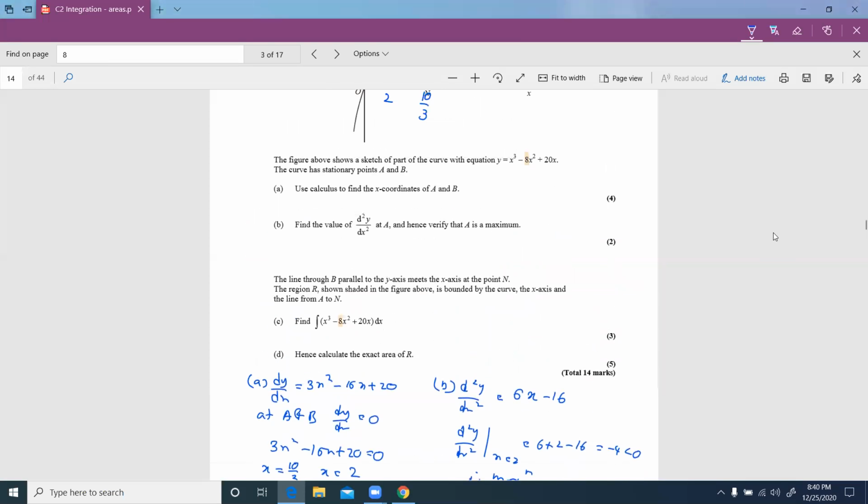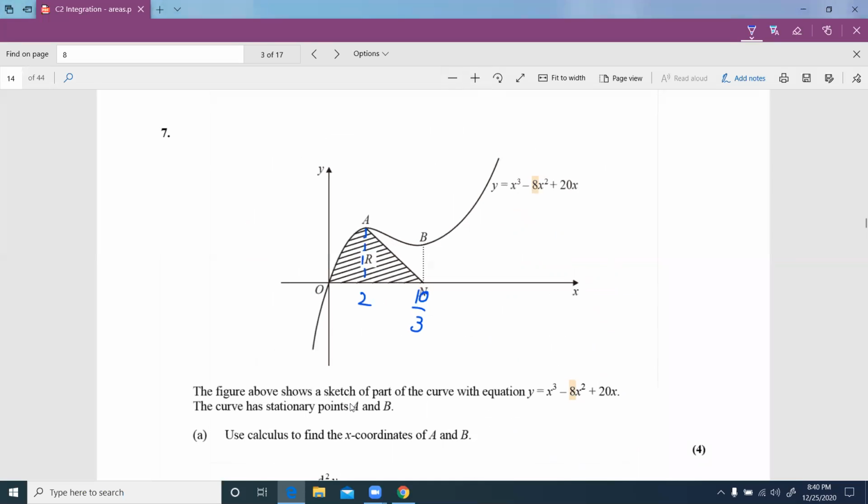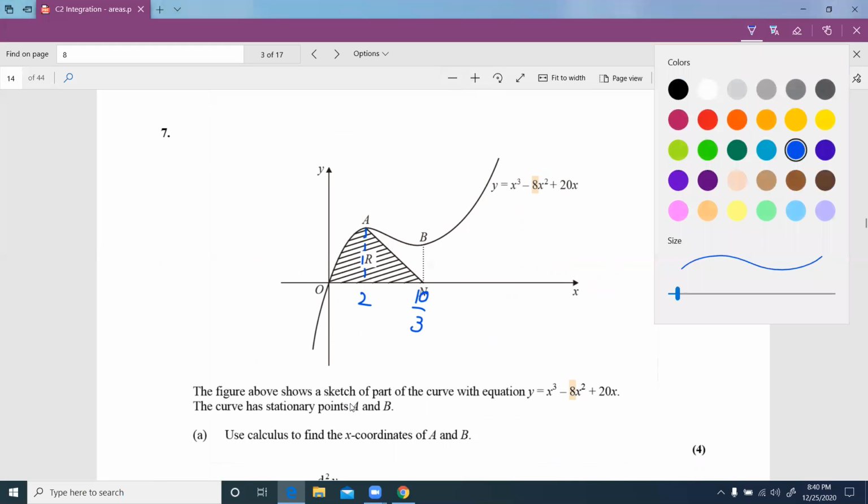Then how do you find this region R? So you can see what kind of technique I can use to find the region R. I just expand this a little bit and mention it over here. Then you can understand that this area is enclosed by the curve from 0 to 2.